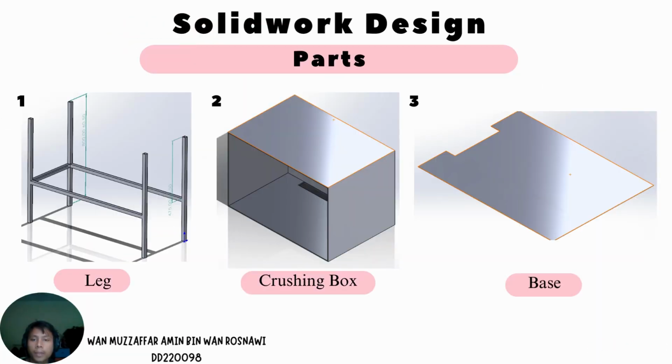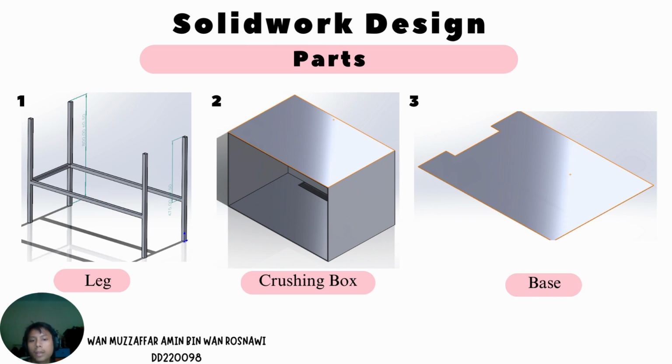We have three main parts. First is the leg of our can crushing machine, with a dimension of 1 meter long and 80 centimeters in height.